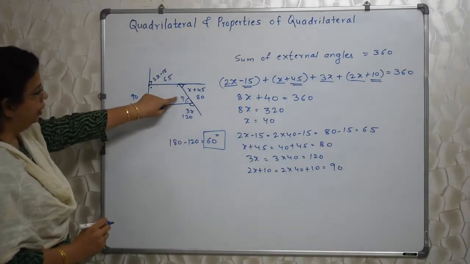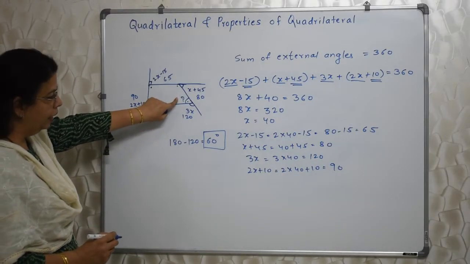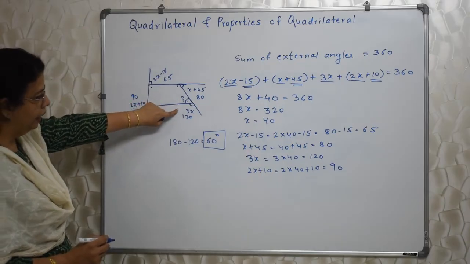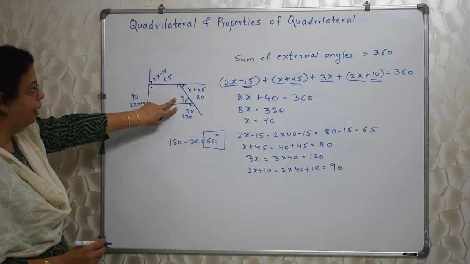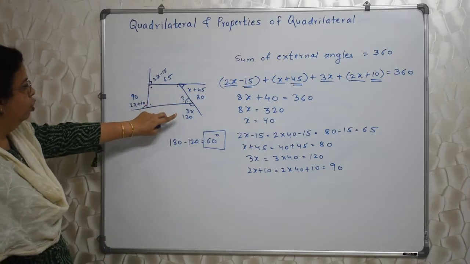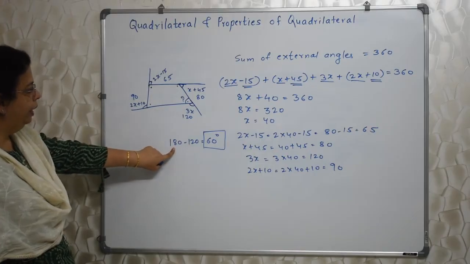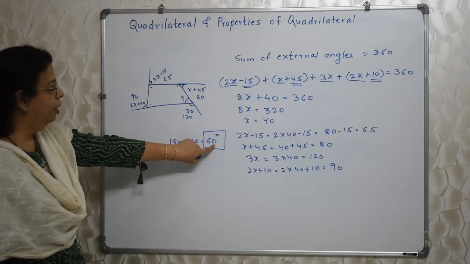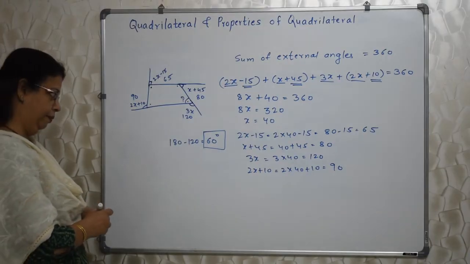Because these two are linear pair of angles. Interior angle and its exterior angle, they always add up to 180. They are supplementary or they are linear pair. So we know one is 120. So we subtract 120 from 180 to get the required angle 60.